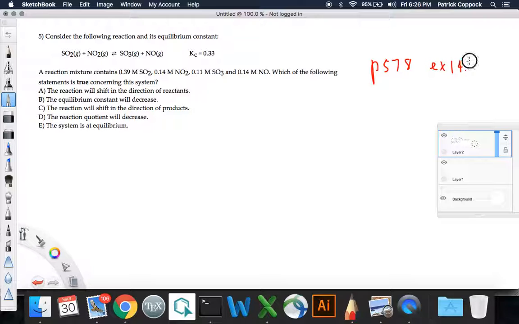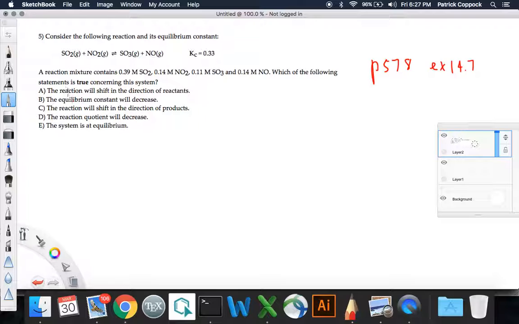Example 14.7. And again, whatever video has that example in it, or whatever section has that example in it, I've got a video that's named after it. So, okay, consider the following reaction and its equilibrium constant. K is such and such, all right? So if K is such and such, the reaction mixture contains blank.